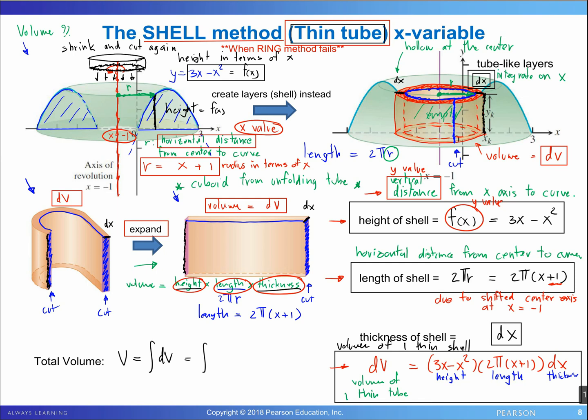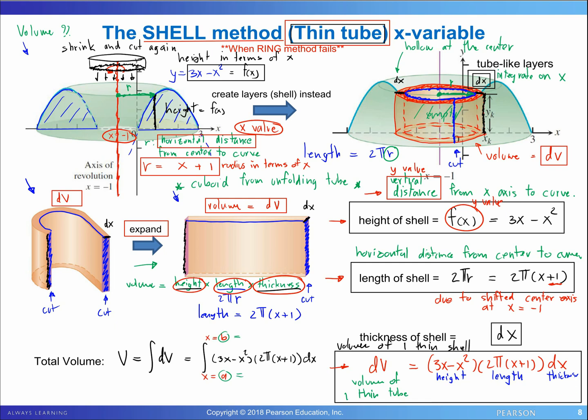So let's put everything in: 3x minus x squared times 2 pi times x plus 1 dx. And now we integrate from the starting point x equal to a to the end point x equal to b. And now we need to find a and b in this case, equal to what?